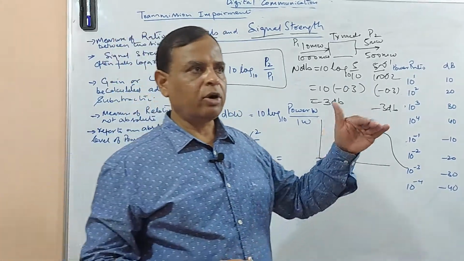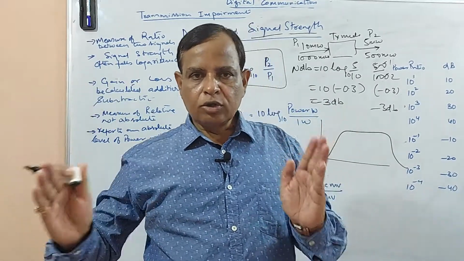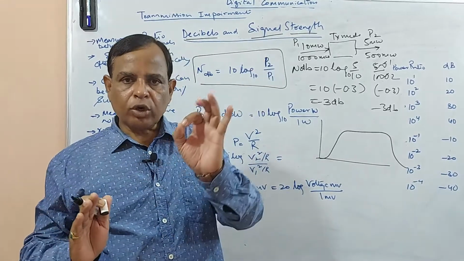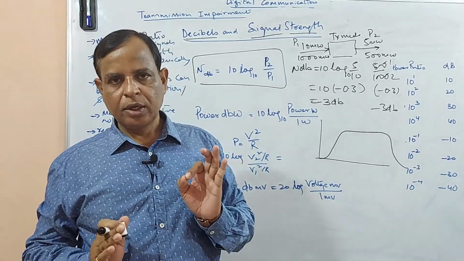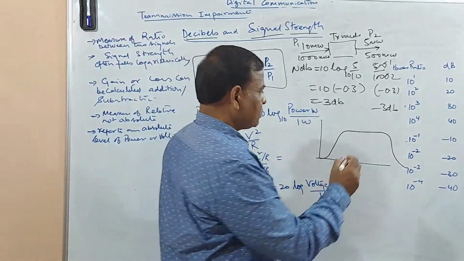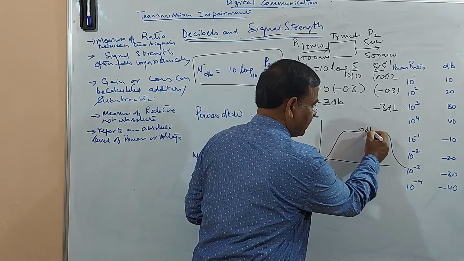For example, in our audio frequency range, from 300 Hertz to 3400 Hertz, all the frequency components should pass without any attenuation so that the further circuit can process the signal.